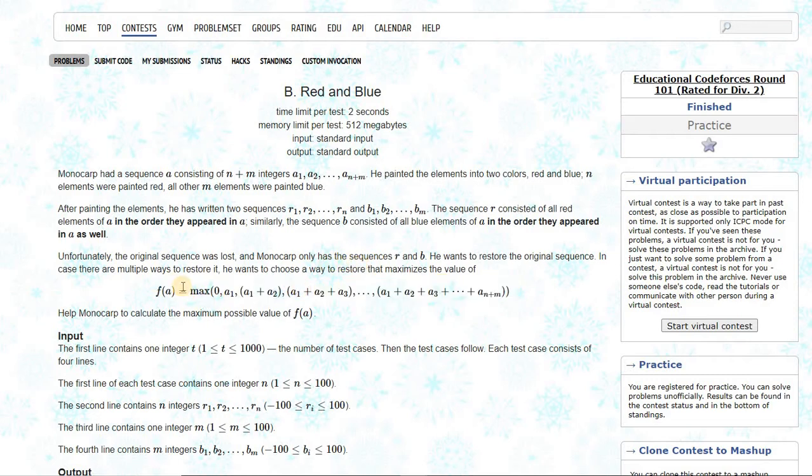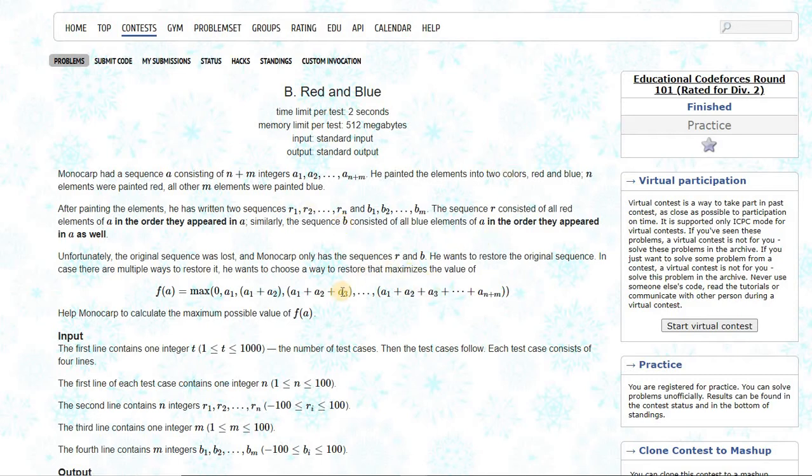Essentially, what this function is, it's the maximum over prefix sums of a chosen ordering, starting from 0. So it starts at 0, then first term, first plus second, first plus second plus third, first plus second plus third plus fourth, and so on.